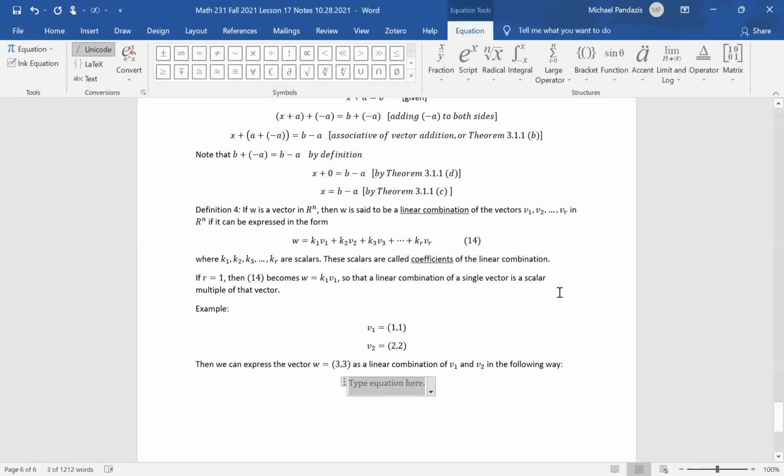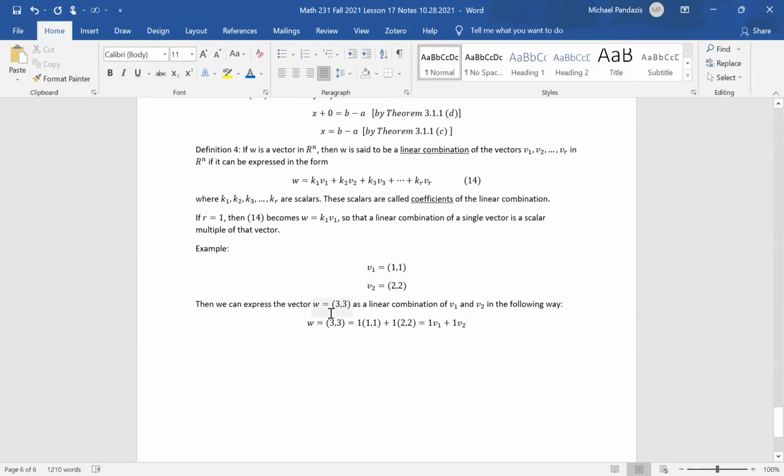The vector W, which is 3, 3, is equal to 1 times the vector 1, 1 plus 1 times the vector 2, 2, which is 1 times v1 plus 1 times v2. So here the vector 3, 3 is written as 1 times the first vector plus 1 times the second vector. So W is equal to 1 v1 plus 1 v2, and W is expressed as a linear combination of v1 and v2.